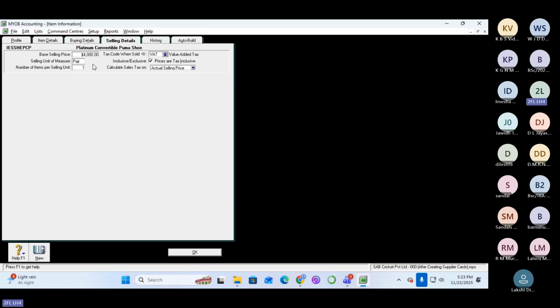Selling unit of measure is also pair. Right? And number of items per selling unit is 1. And selling price is 4,000. Price per pair of shoes.